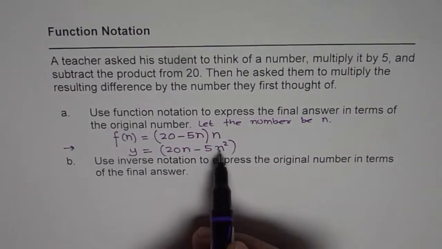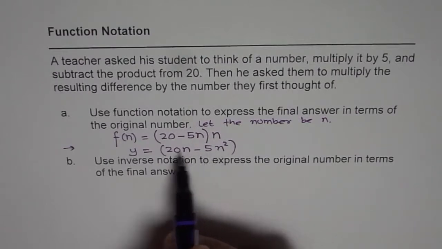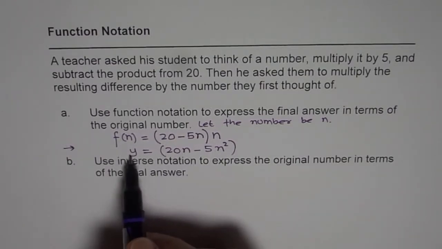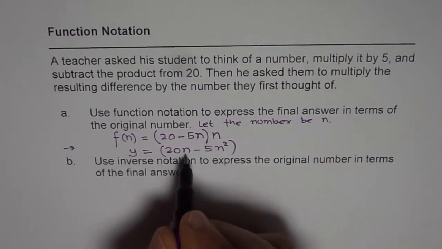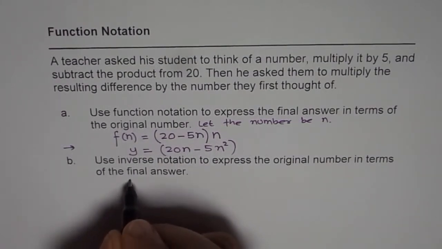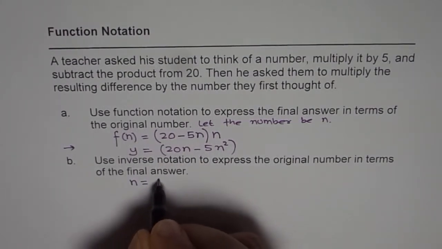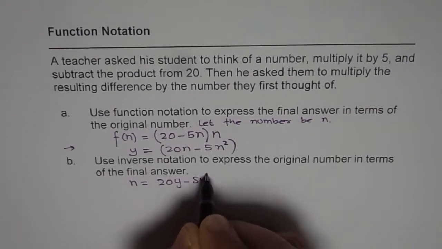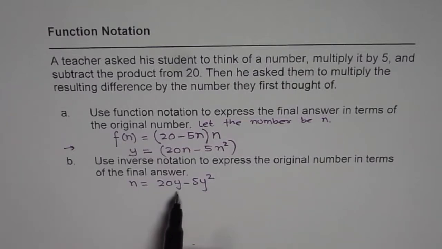Since we need the number back, let me use n as such, and then we'll replace it. Now when you are trying to find the inverse of the function, you swap x and y. So we have n equals 20y minus 5y squared.